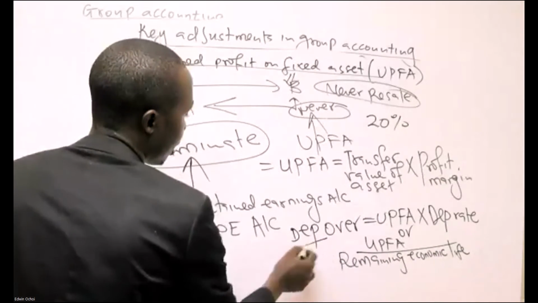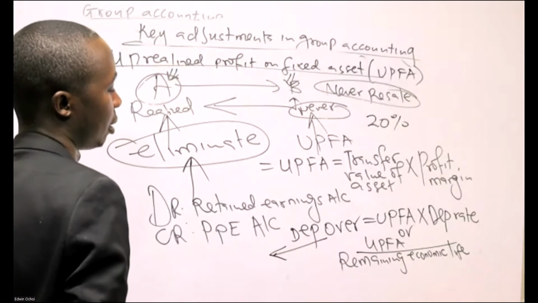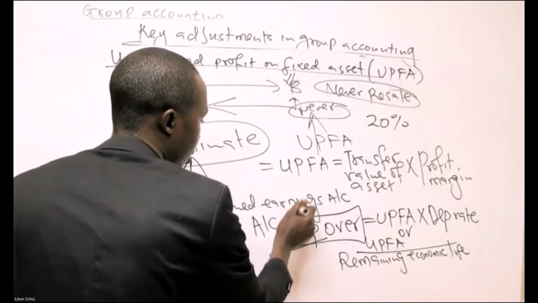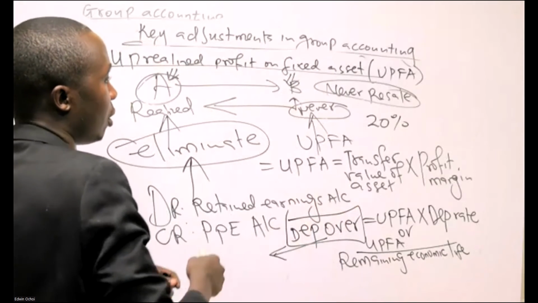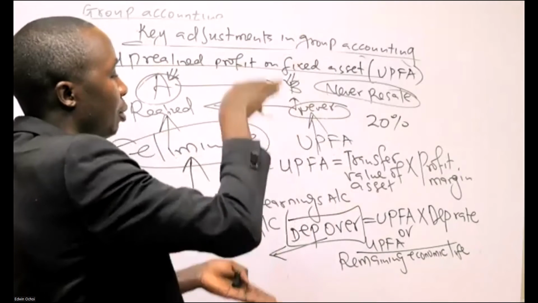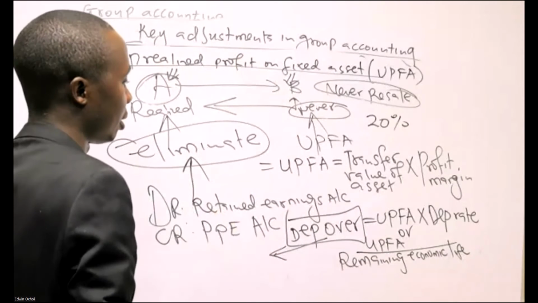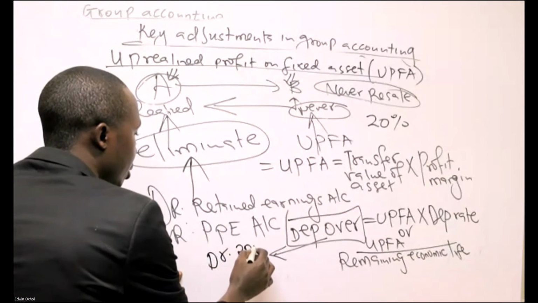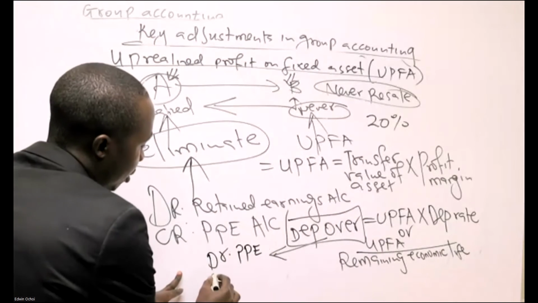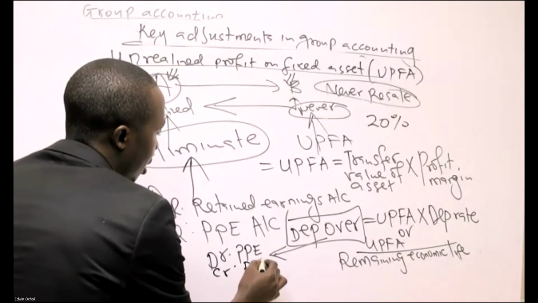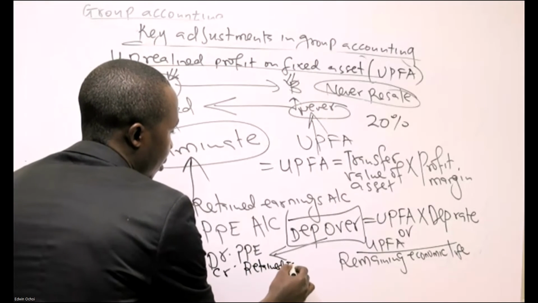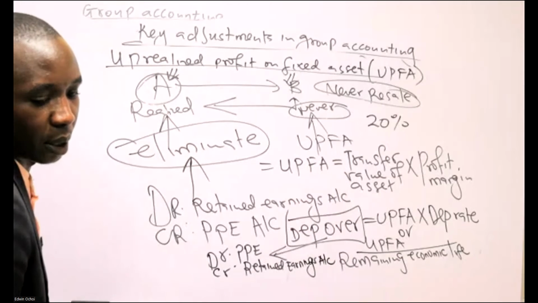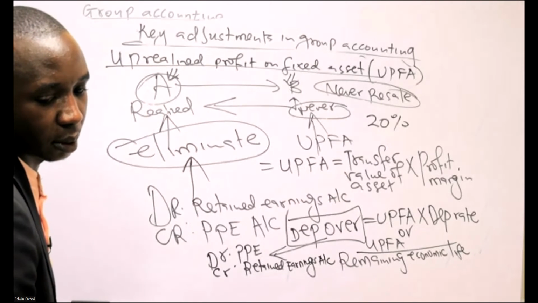Then, how do you adjust this? Because they had understated the value of the asset, you are supposed to debit the PPE account and credit the retained earnings account.